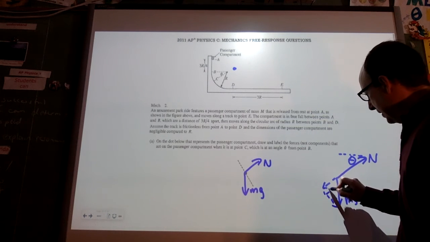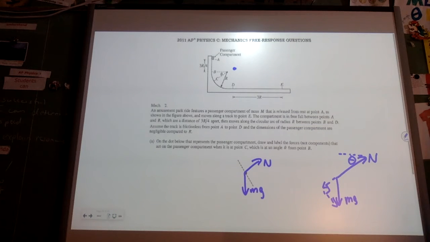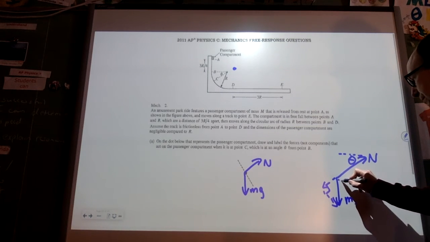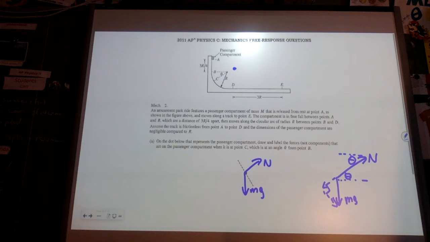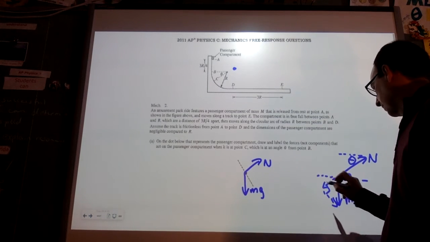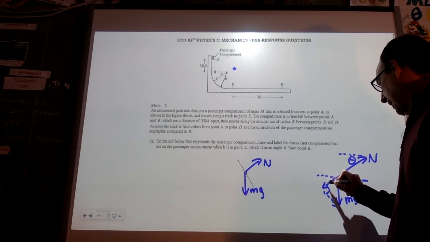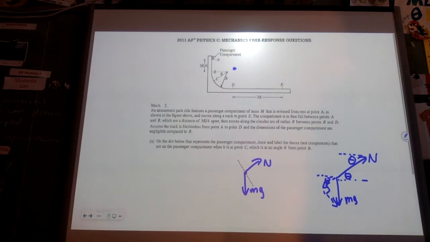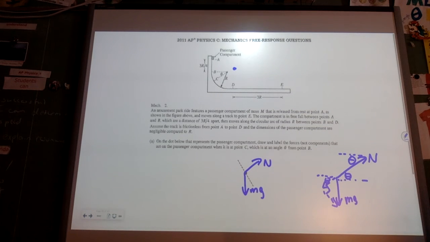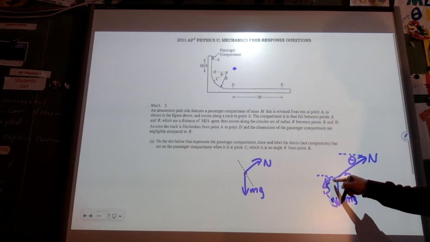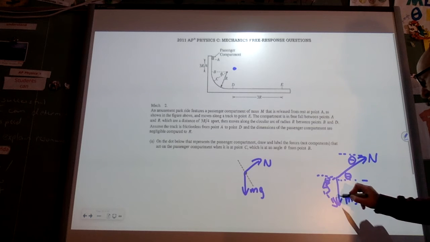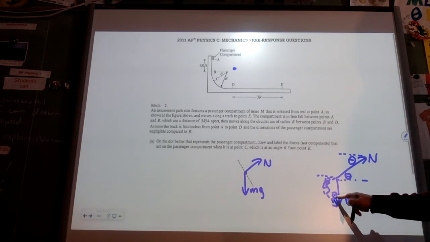I know that this is a right angle. So I know this angle is theta. So I know that this is 90 minus theta, the one inside of here. So this one down here is theta. So that side is the opposite side of theta.